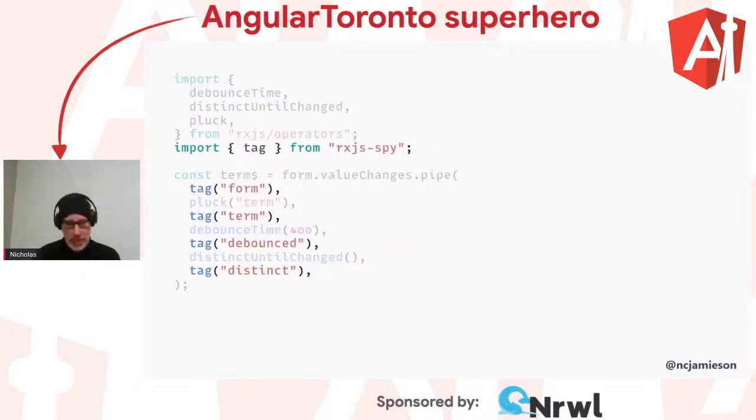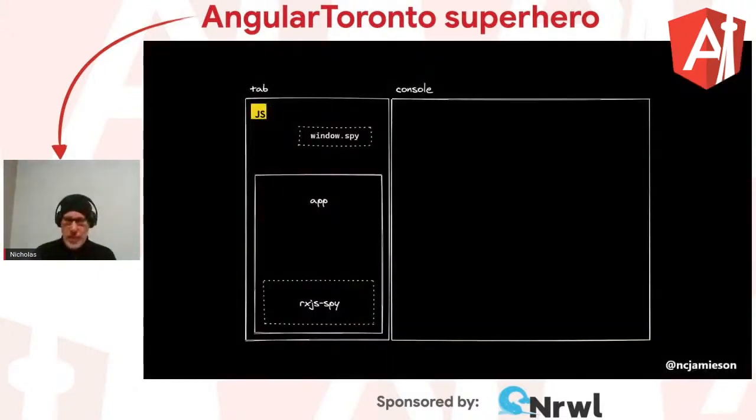So you can take a tag operator from RxJS Spy, you can compose it into your observable, give it a name, that is the tag, and then you can work with it using the tool by annotating your observables and your pipelines with tags.